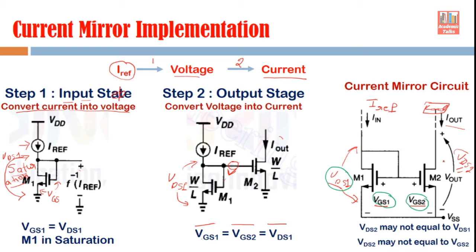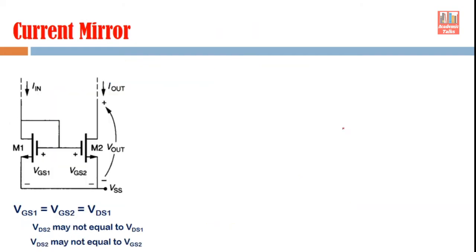Now in the next slide we will discuss this particular configuration of current mirror in a little more detail. So it's the same circuit, all the concepts are repeated here, VGS1, VGS2, and they are the same, and VDS1 is also the same.